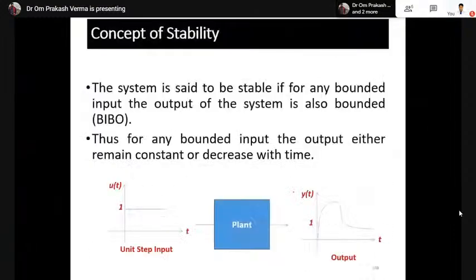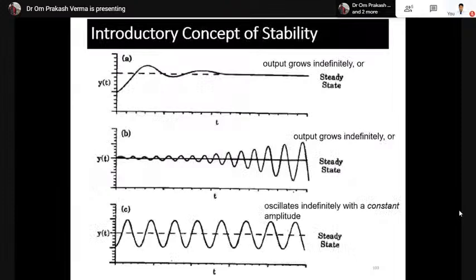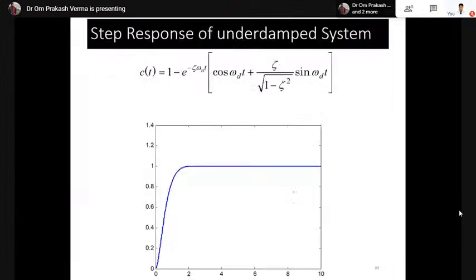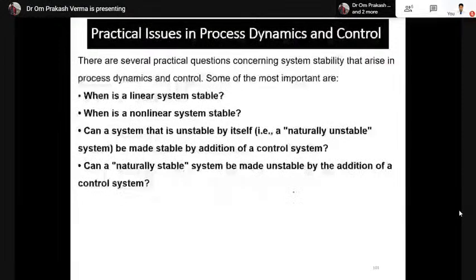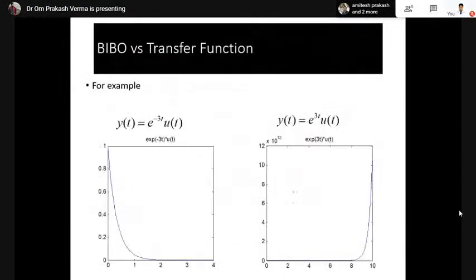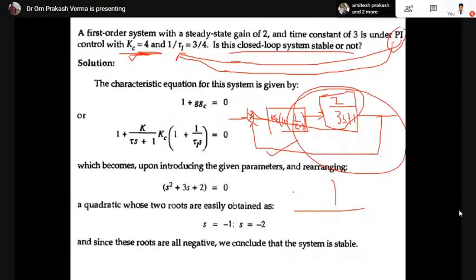The characteristic equation is the denominator polynomial. Let's say the closed loop transfer function is G(s) upon 1 plus G(s)H(s). So the characteristic equation is defined as 1 plus G(s)H(s) equal to 0. So this is the polynomial.